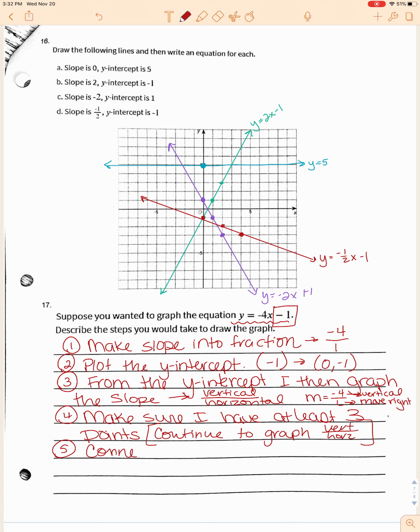And then I connect the linear relationship. And that's all.